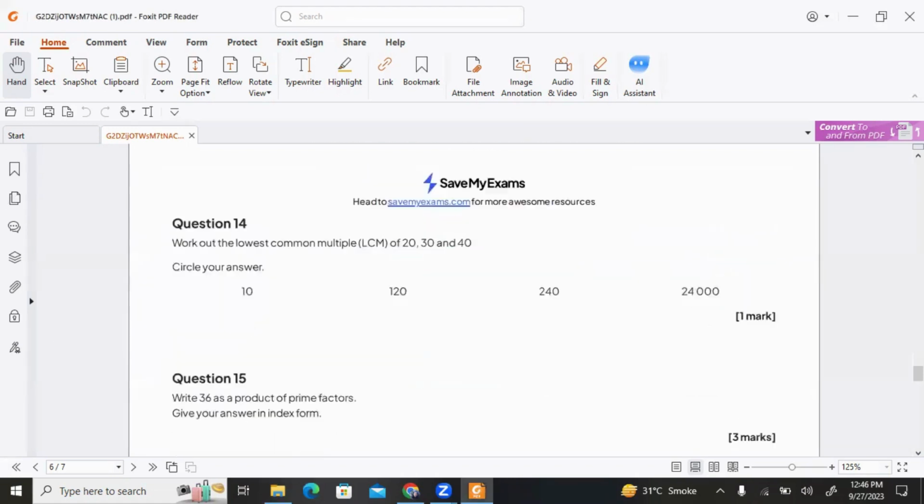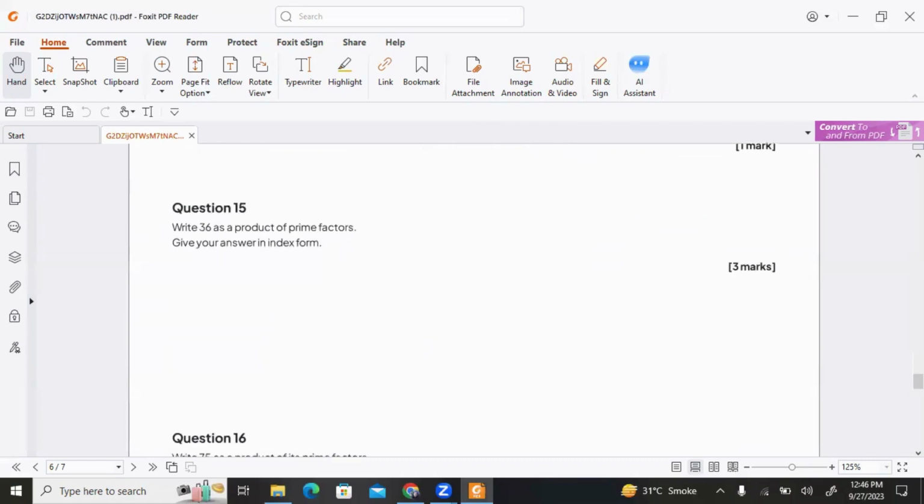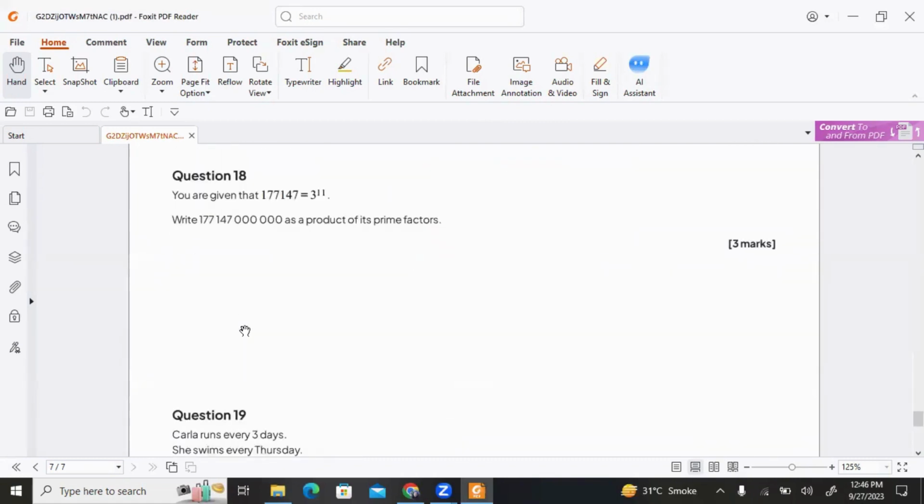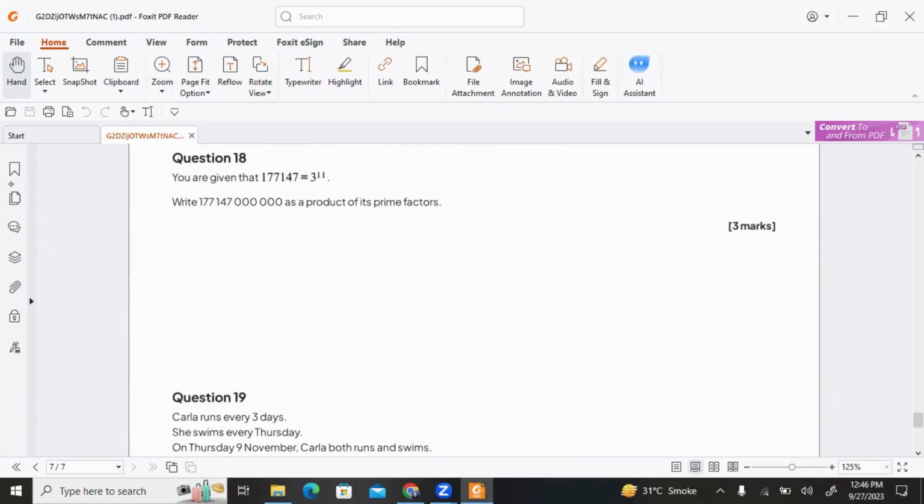Then moving on, question 18 is different. For question 18, it says you're given that this number equals 3 to the power of 11, and we have to write this number as a product of its prime factors. So we already know that this part is equal to 3 to the power of 11.